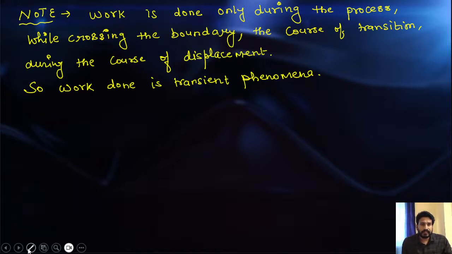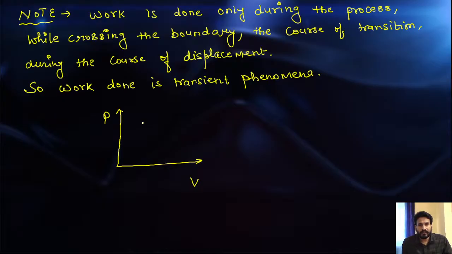Let's suppose this is my P and this is my V, and this is any state of the system where we know P1, V1 and T1, meaning at this stage we have the values of P, V and T. Can you find the work done at this point?